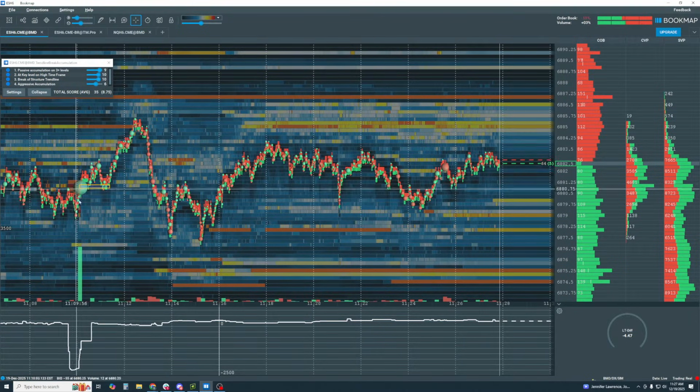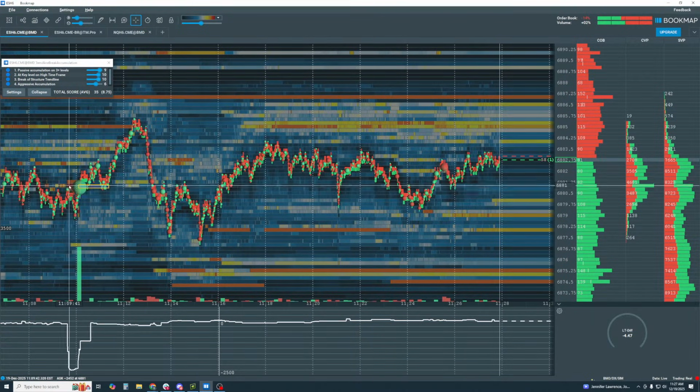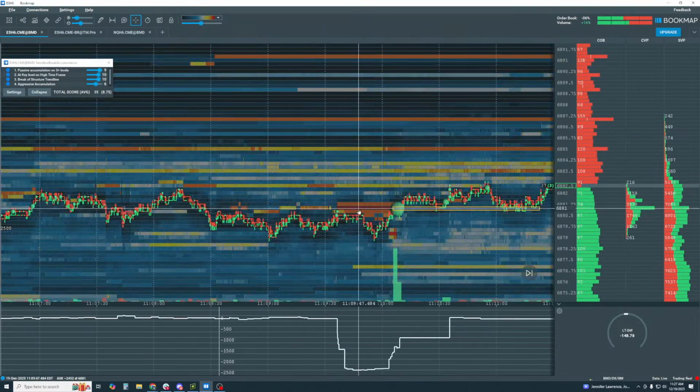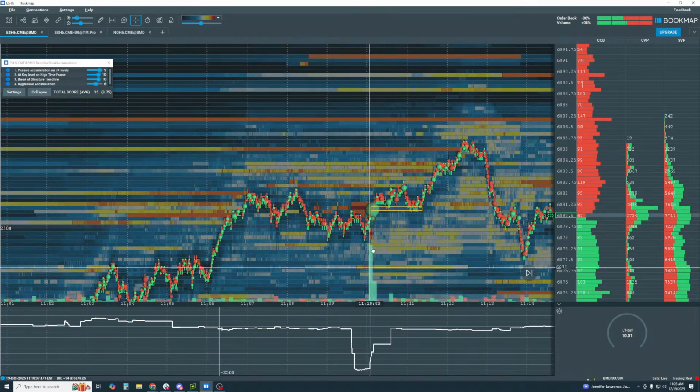So you can see it went down dramatically here because we saw that transaction happen. It was 2,000 contracts, I think, right? 2,500. So there's a ton of liquidity and it transacted, boom, to the downside.